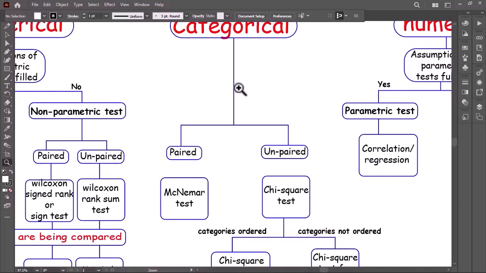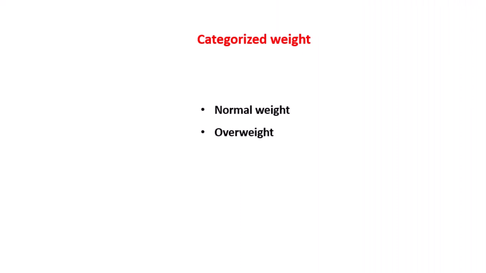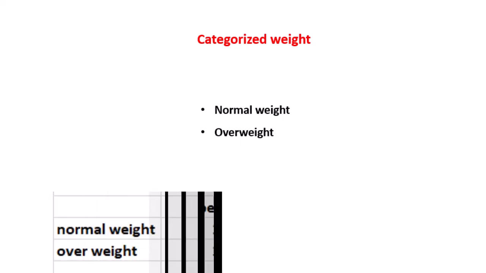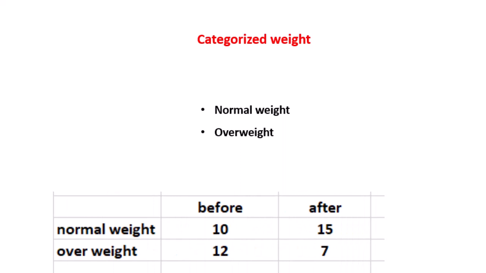Take for instance, in our example, instead of weight being considered as numerical, if we decided to categorize this weight, and say someone has normal weight, or someone is overweight. Before we start giving this diet, we first count the number of people we have, and we find out how many are obese, how many are not.